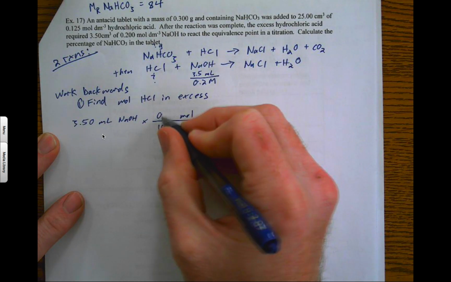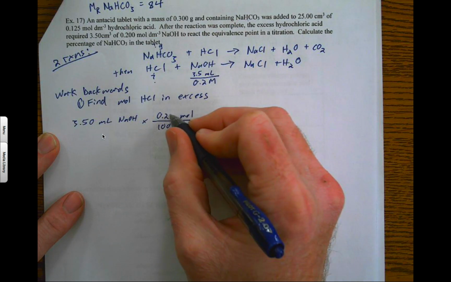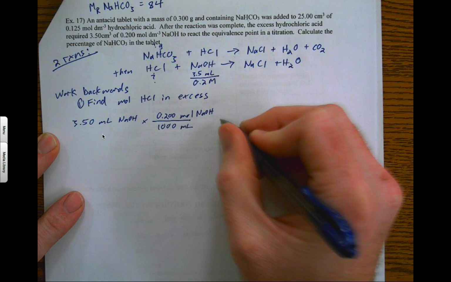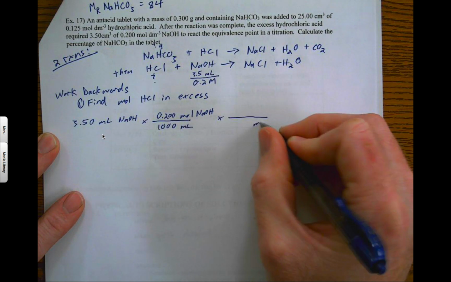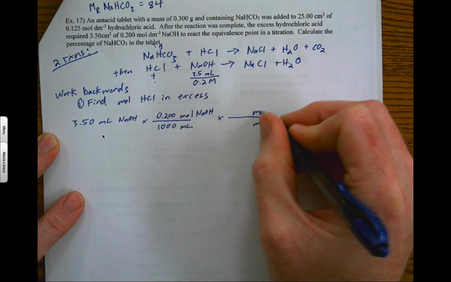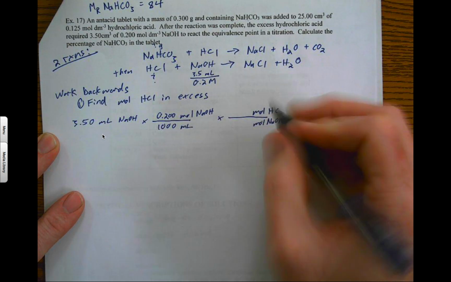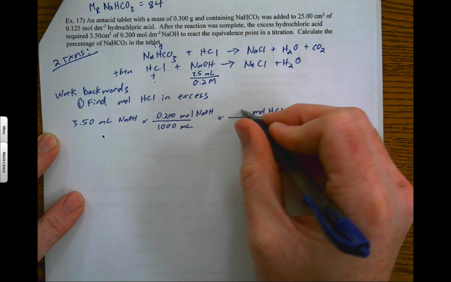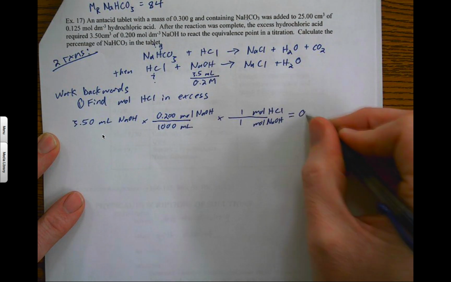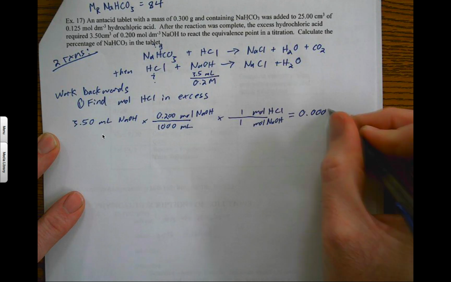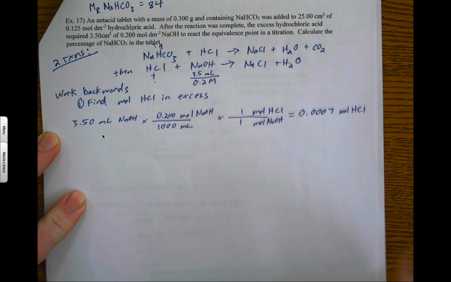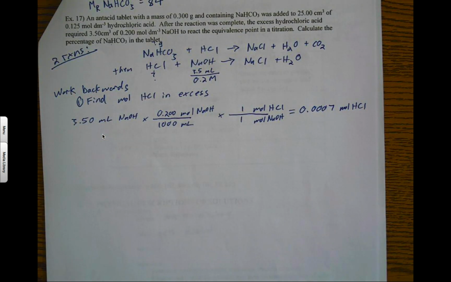And that's 0.200 moles of NaOH. And then we'll change moles of NaOH into moles of HCl. That's a 1-to-1 ratio. Now that will give us 0.0007 moles of HCl. Makes sense. It's a very small amount.